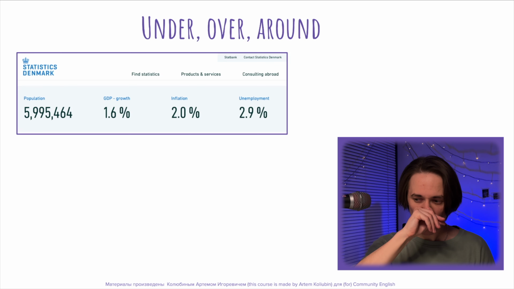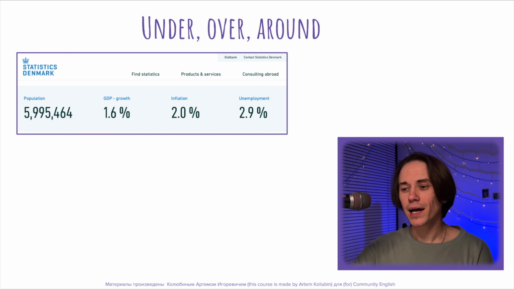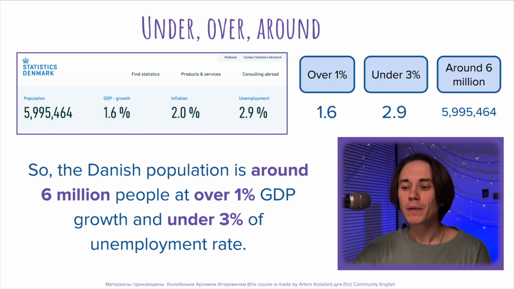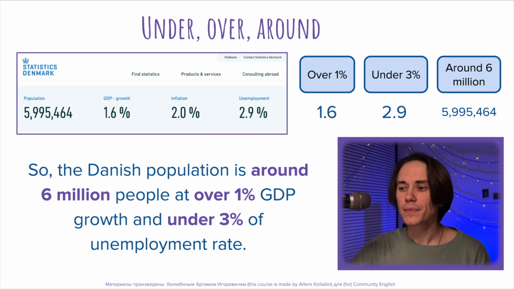Of course, make sure you pause the video, and then you go back and see the right way of doing that. So the right way would be: the Danish population is around 6 million people, at over 1% GDP growth and under 3% unemployment rate. You can also say under 3% of unemployment rate. Okay, so we figured that one out.